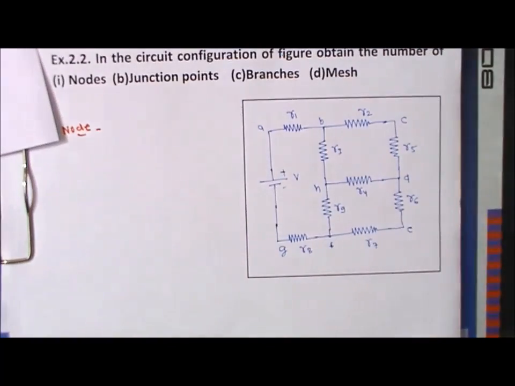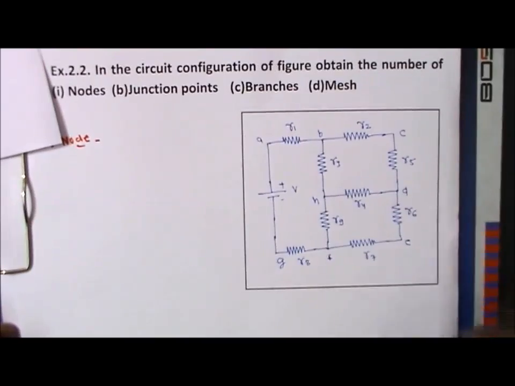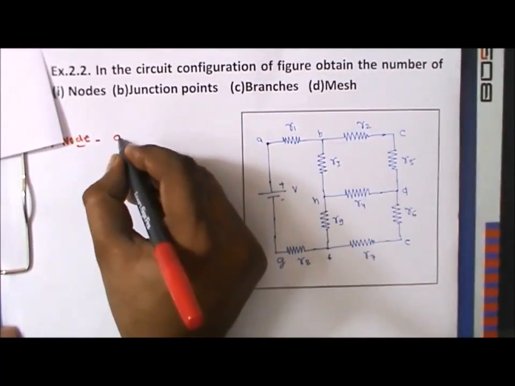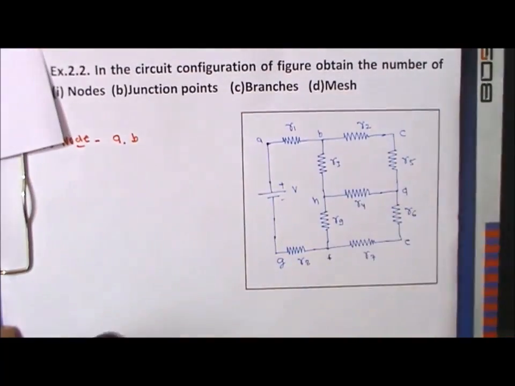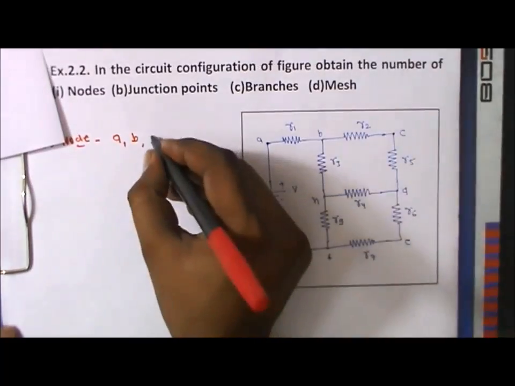As I already told you, a node is an equipotential point at which two or more circuit elements are joined. Here this is a node because two elements are joined. So A is the node first, B is the node because three elements are joined, two or more, three are joined. C is the node because R2, R5 are joined.